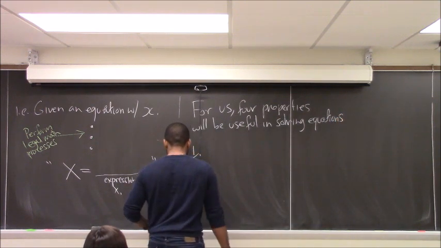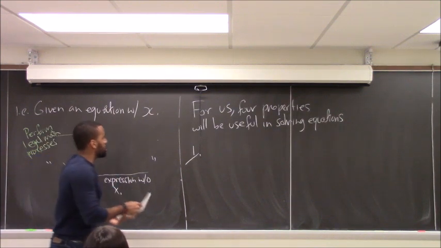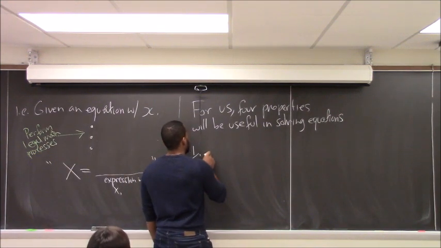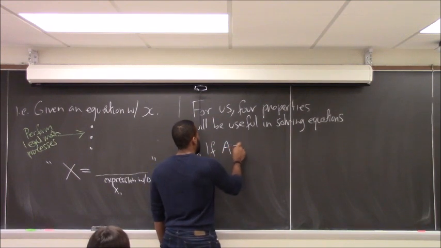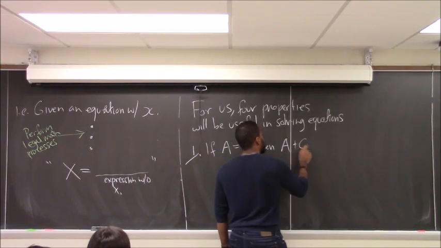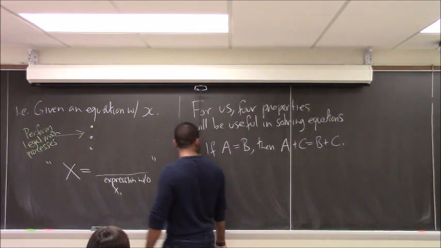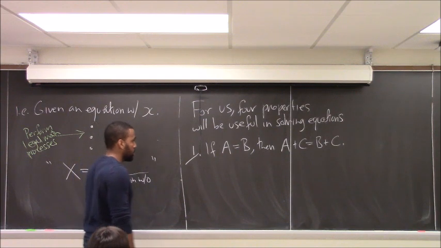One. So here's the thing: you can add something to both sides. That's the first thing I want to mention. If A equals B, then A plus C equals B plus C will be true.